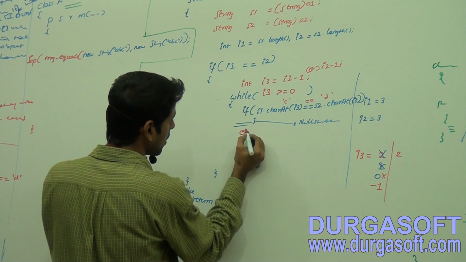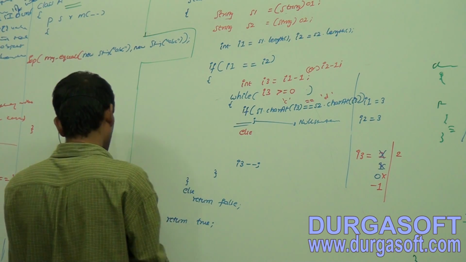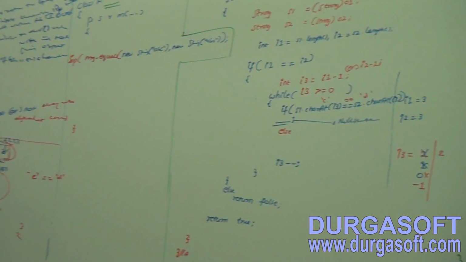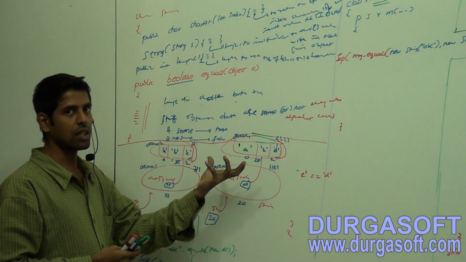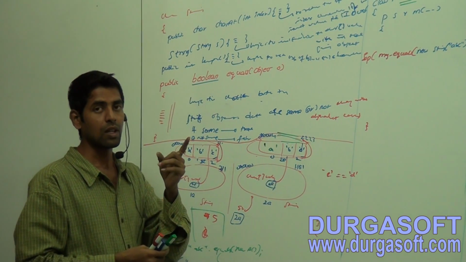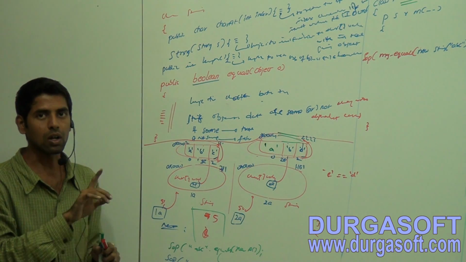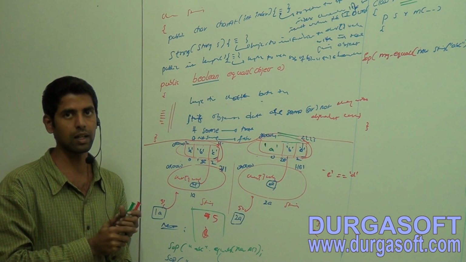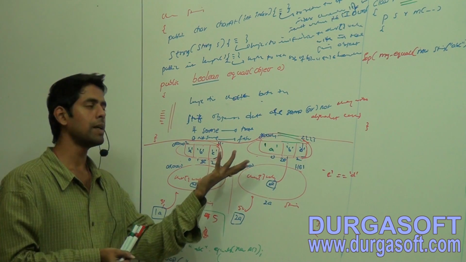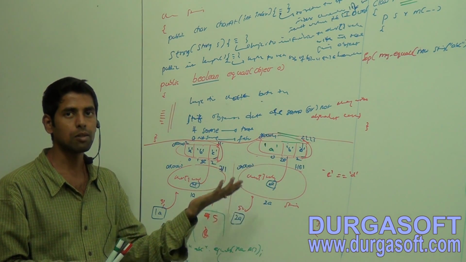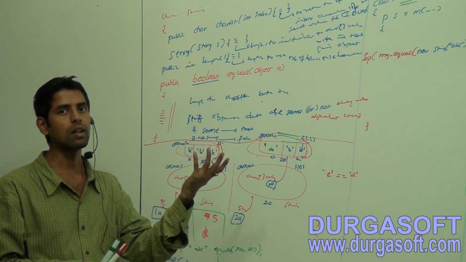Now observe, it is enough to tell that both the string objects are not equal if at least one element is not similar. Observe here, if one element is not equal, I can tell both the string objects are not equal.